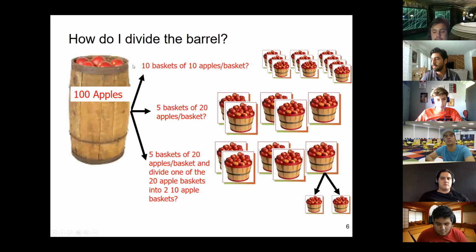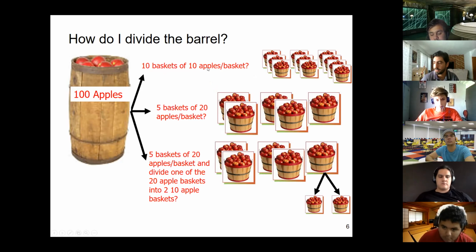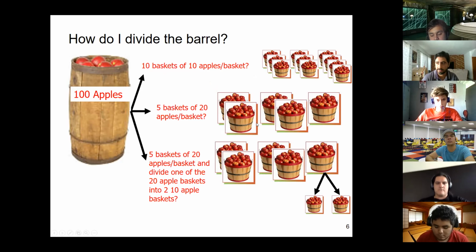We also mentioned that subnetting can be seen through a very sensible example. You have 100 apples, and it's totally up to you how you want to divide them. It can be 10 baskets of 10 apples, it can be 5 baskets of 20 apples, or the last basket can be 2 baskets of 10 apples, okay?